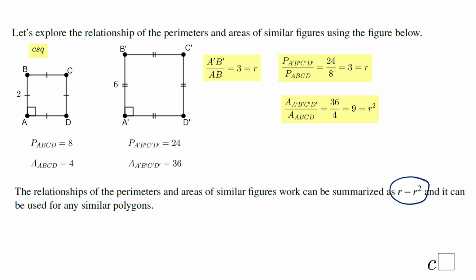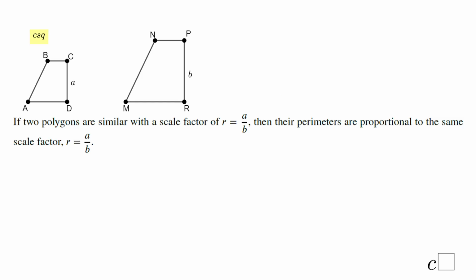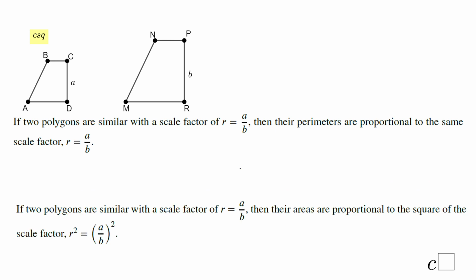On the other hand, the areas have r squared as a ratio. That is the theorem, the rules summarized. Now, sometimes you can go, like in this case, from small to large. That's okay also. This is the same, and for the area, we need to square it.